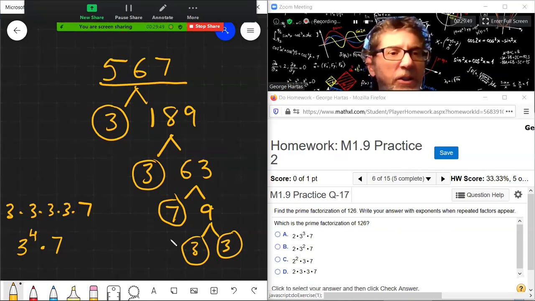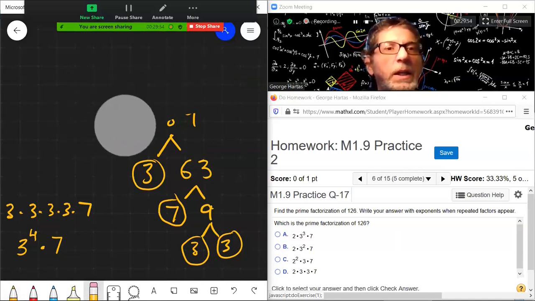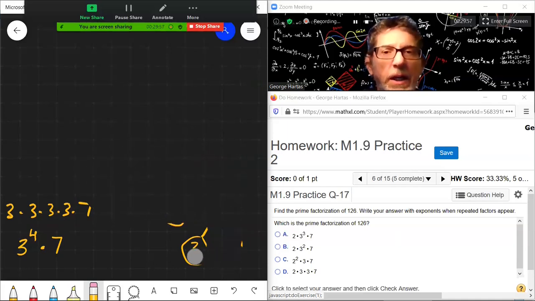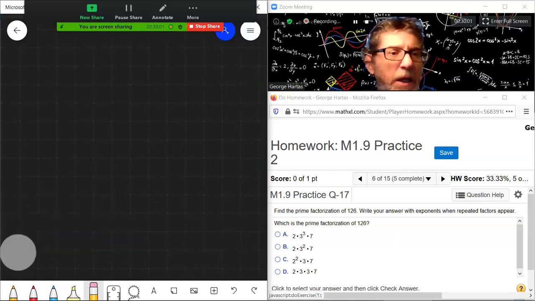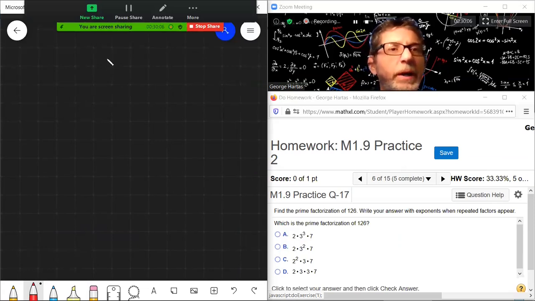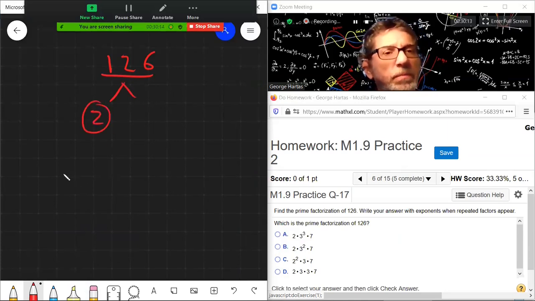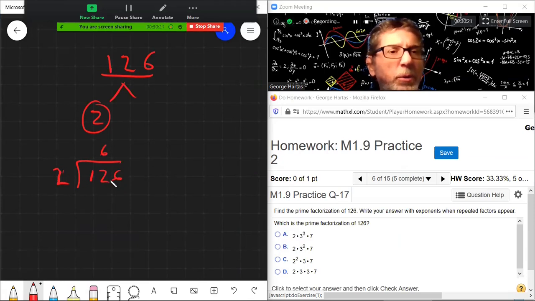All right, so let's erase this and try the next one. So what do we got here? 126, not too bad, right? Even number, guaranteed 2 divides into it. Two goes into 12 6 times, 2 goes into 6 3 times. Nice.